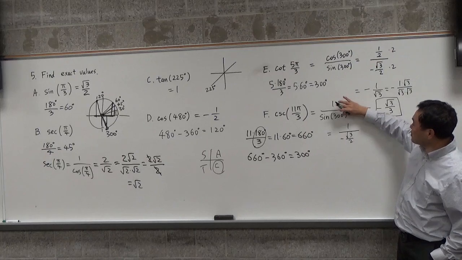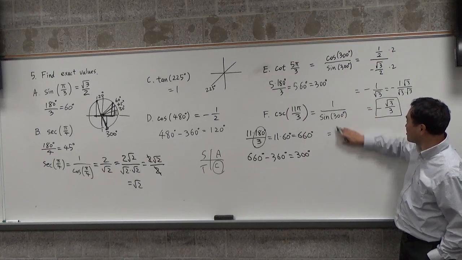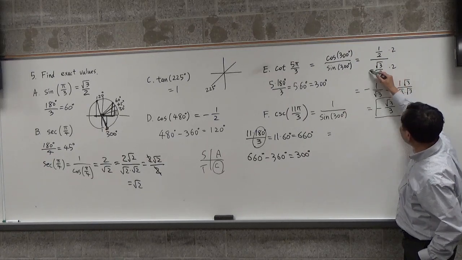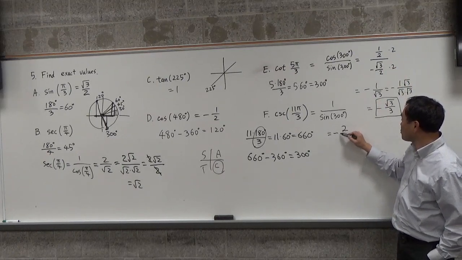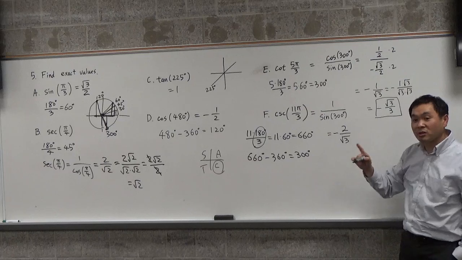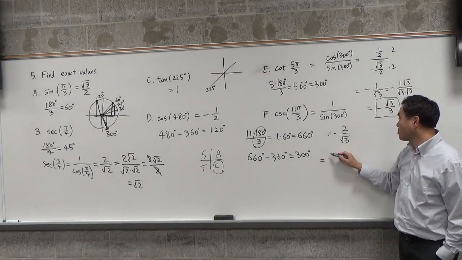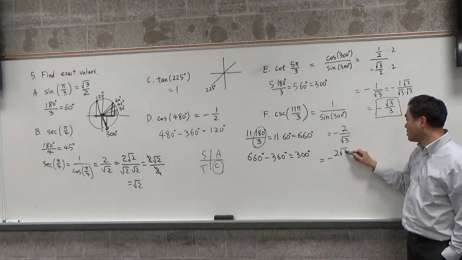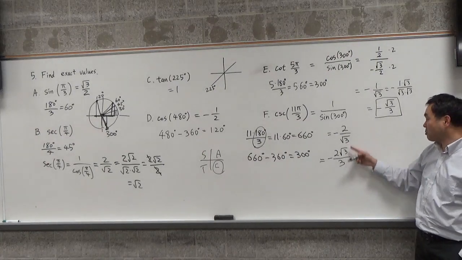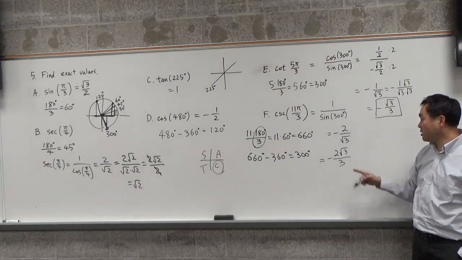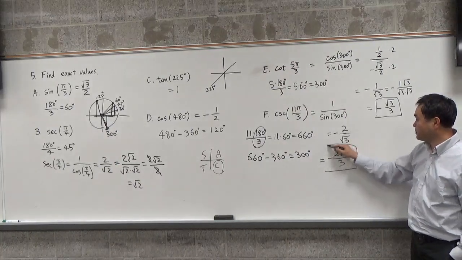It's just a flip. Since this is sine of 300 degrees, just flip it upside down. You get negative 2 over square root of 3, and once again you have to multiply square root of 3 top and bottom to rationalize the denominator. If you multiply radical 3 top and bottom, the bottom will become 3. So that is the final answer.